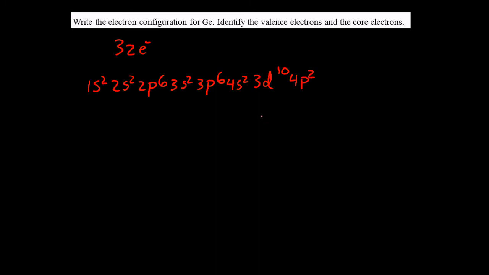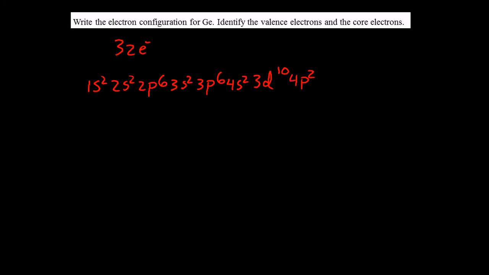So if we look at this configuration, what is the highest occupied principal shell? If you said 4p, you're only half right. The half that's right is the 4.